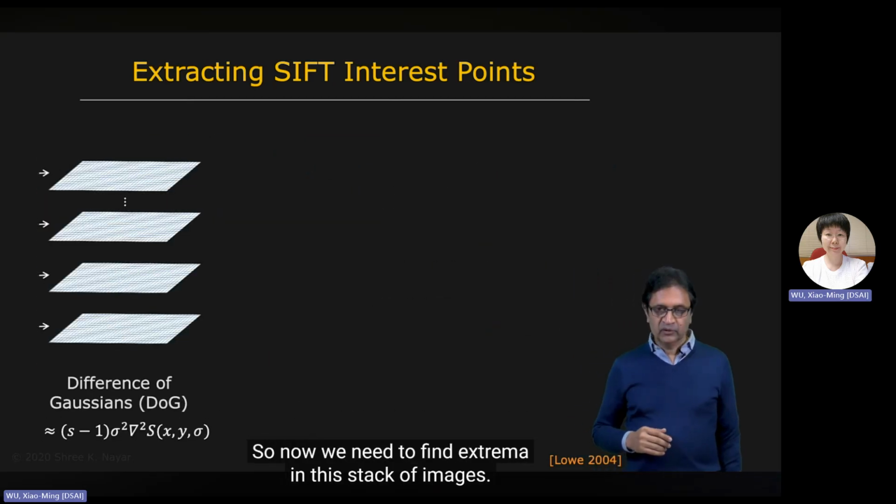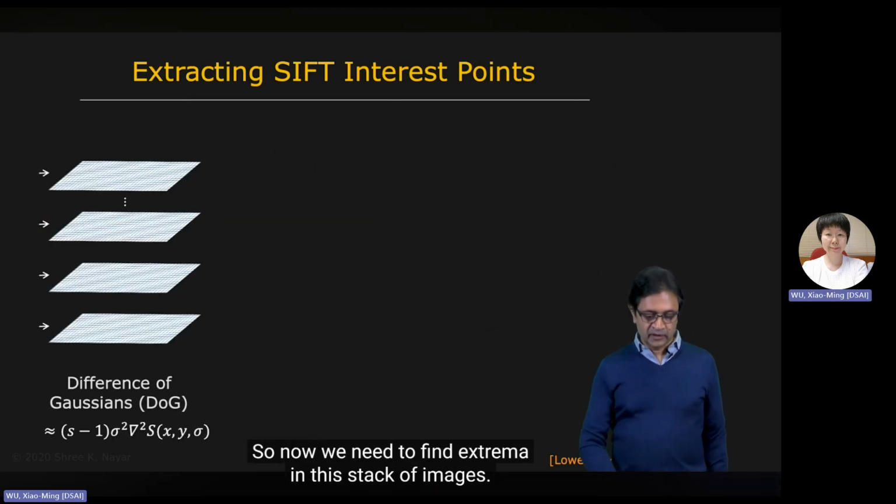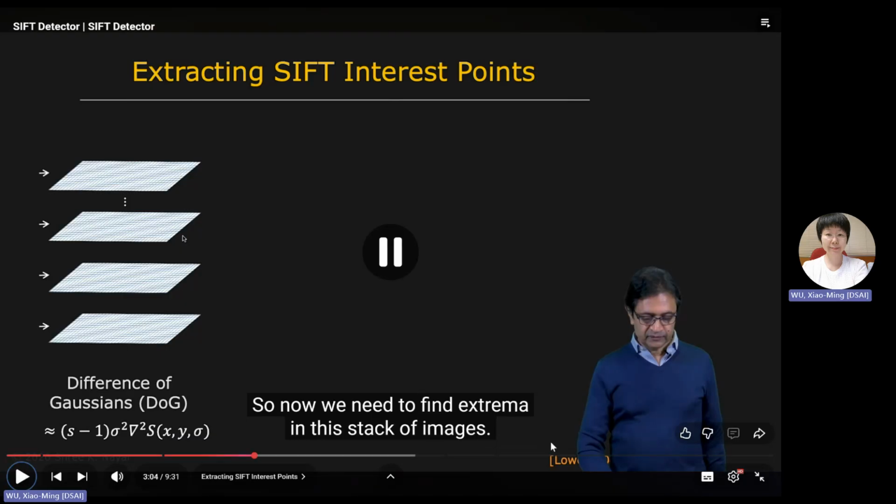So now we need to find extrema in the stack of images. Now we have the response maps. We need to locate the key points, the pixel locations of the key points. And we do this by finding the extrema.